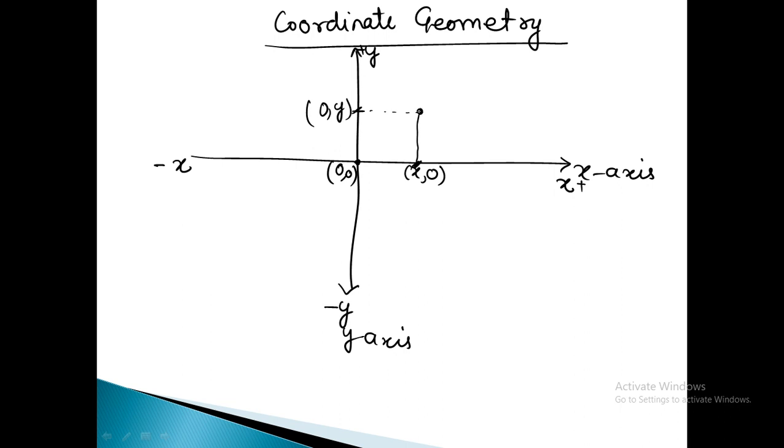And this point represents x, y. That means the position of a point P in the Cartesian plane with respect to the coordinate axes is represented by the ordered pair P(x, y).